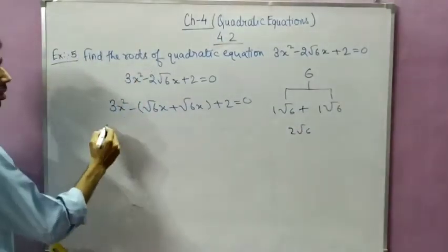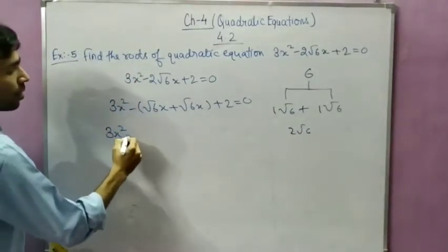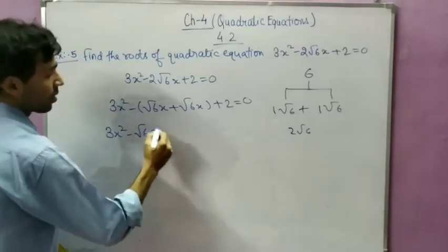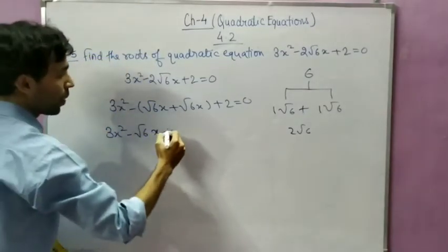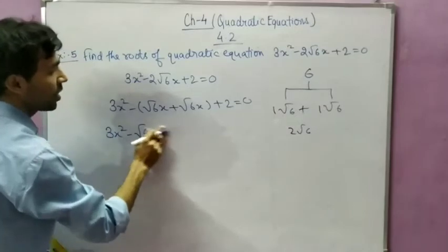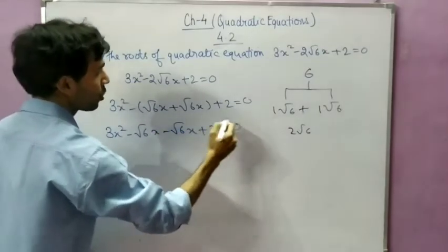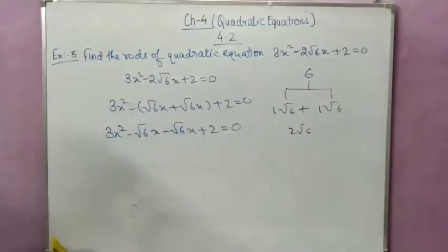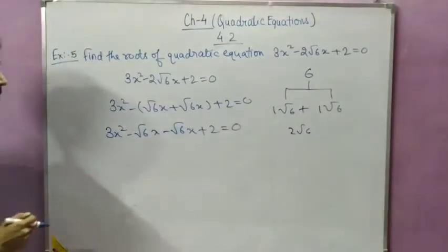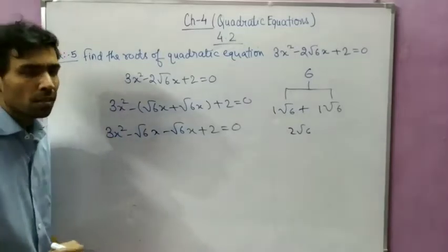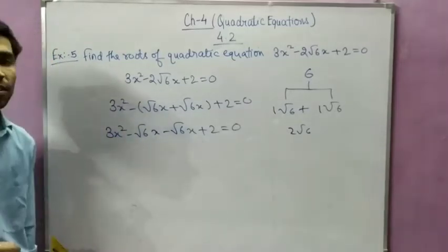Now open it. So 3x square minus root 6x minus root 6x plus 2 equal to 0. Now between these two, student, what is common? You tell, between these two what is common?